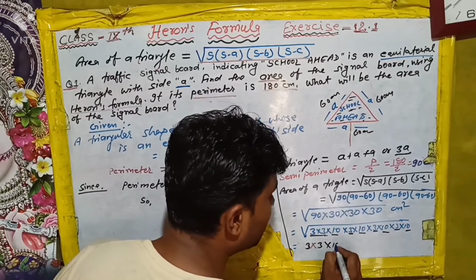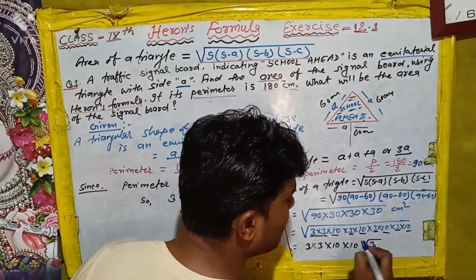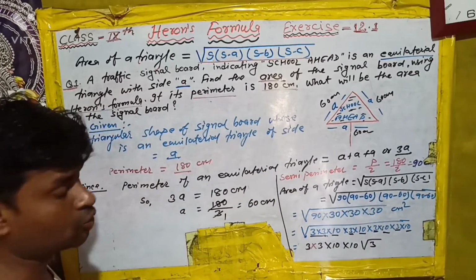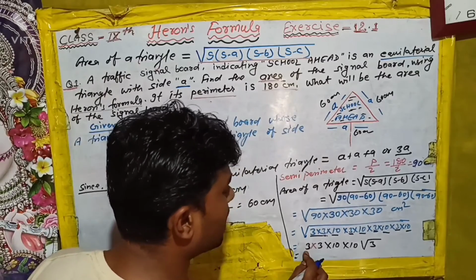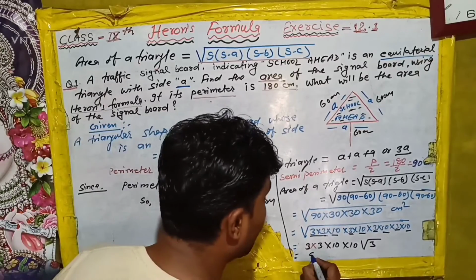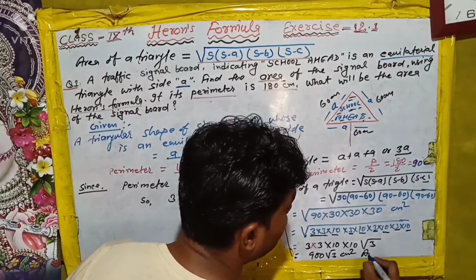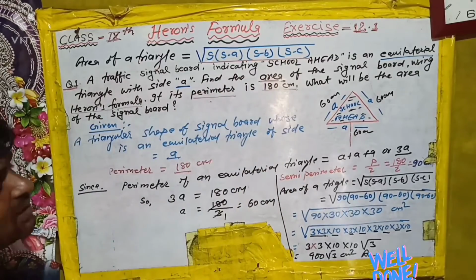One 3 remains inside the root, whose pair is not there. So 3 times 3 is 9 and 10 times 10 is 100, and 9 into 100 is 900 root 3 centimeter square, which is the area of that signal. Did you understand?